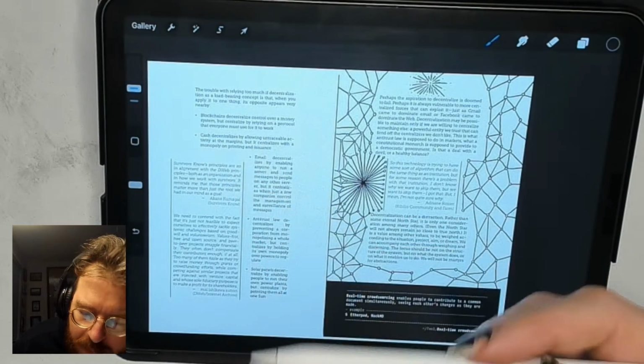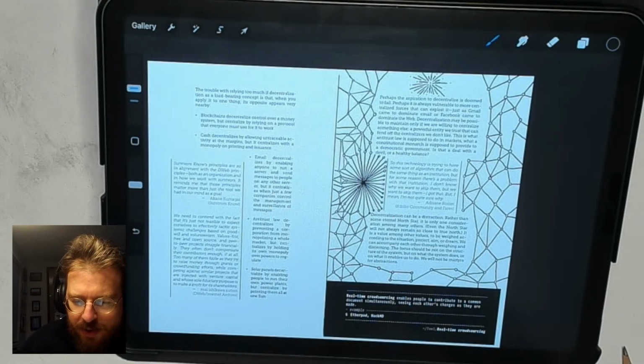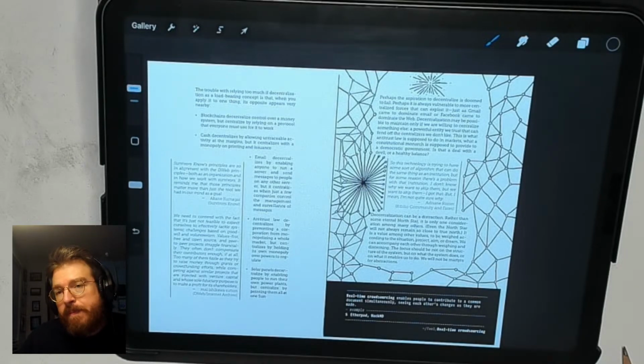Like the opposite appears, the inverse. So blockchains decentralize control over a money system, but centralize by relying on a protocol that everyone must use for it to work.